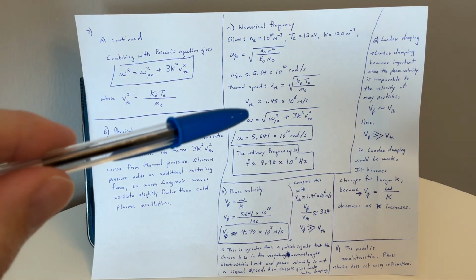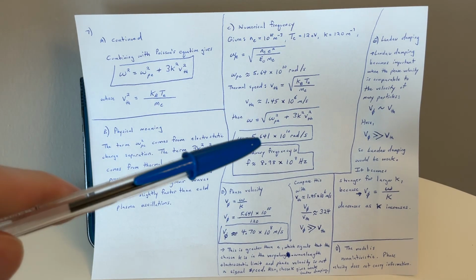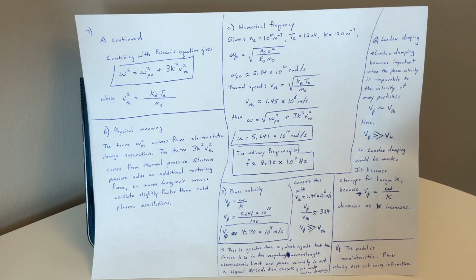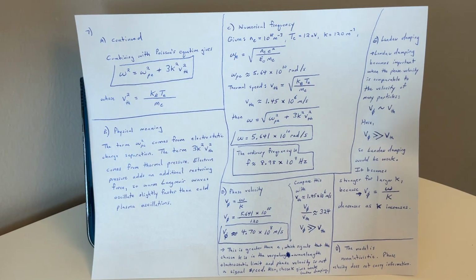So thermal speed is going to be 1.45 times 10 to the 6th meters per second when we substitute values. Then our omega is the square root of omega sub Pe squared plus 3k squared V sub Th squared. So our omega is 5.641 times 10 to the 10th radians per second, and the ordinary frequency is going to be 8.98 times 10 to the 9th hertz.